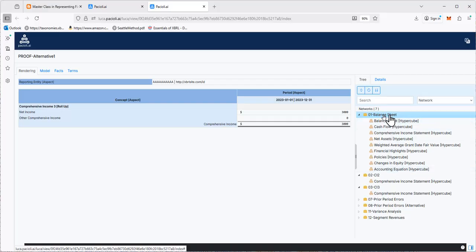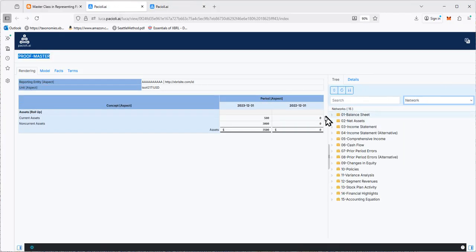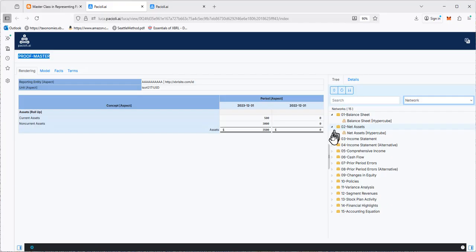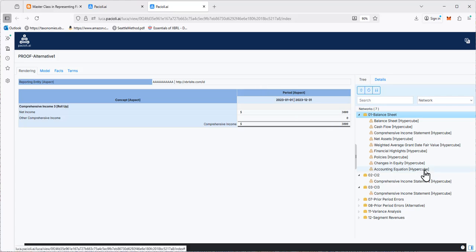Now it's obviously not the right term, but here in this, I chose to put one hypercube per network. Okay, these are perfectly legal. This is perfectly legal in XBRL, and this is perfectly legal.